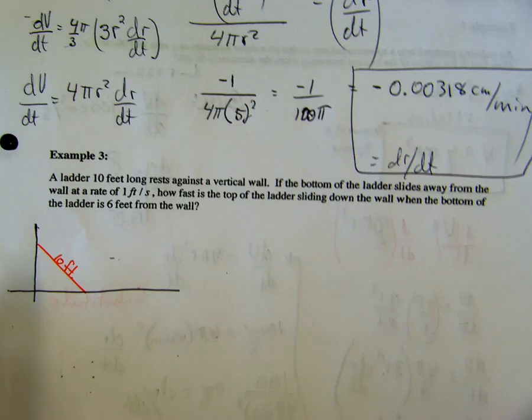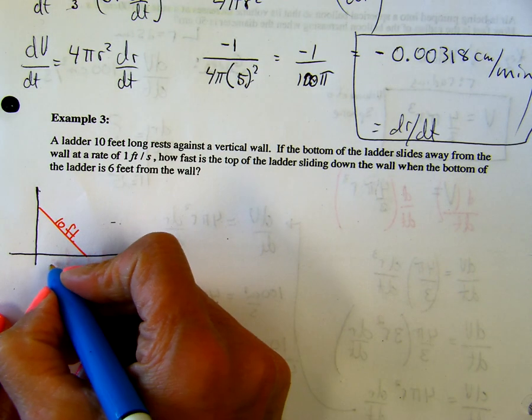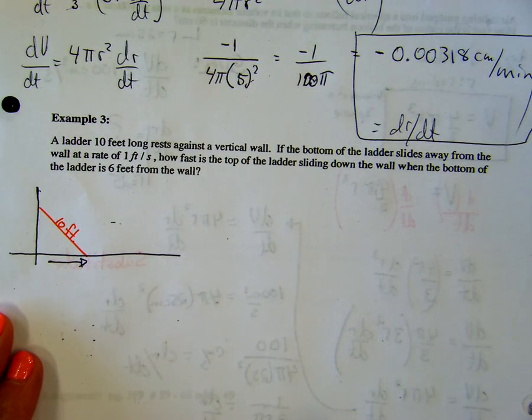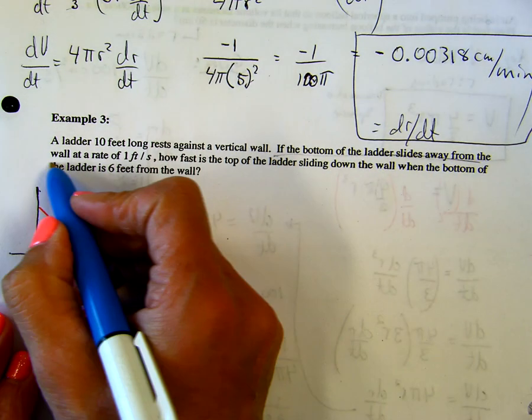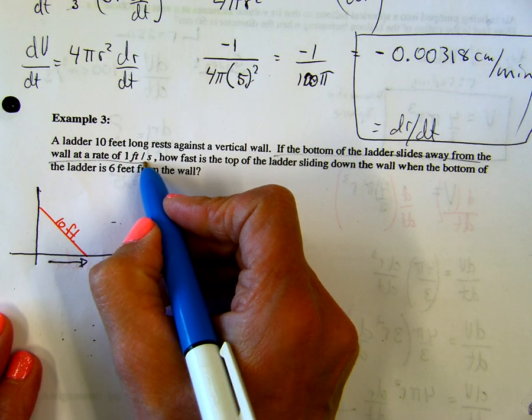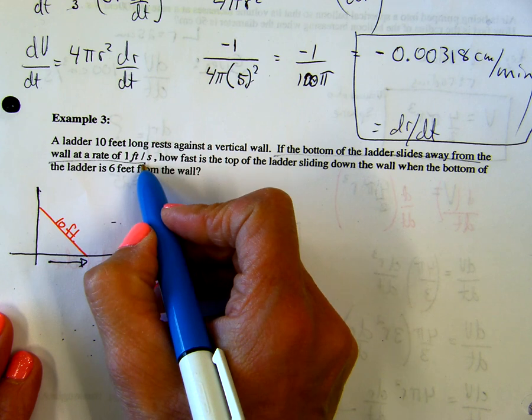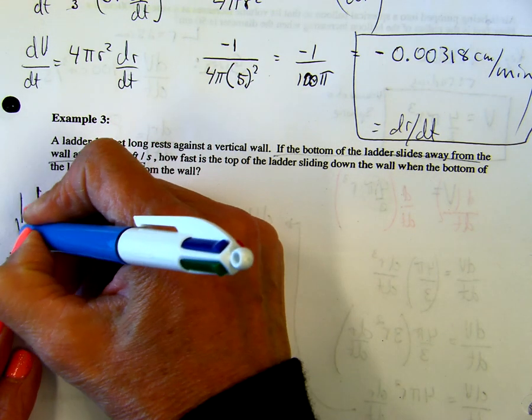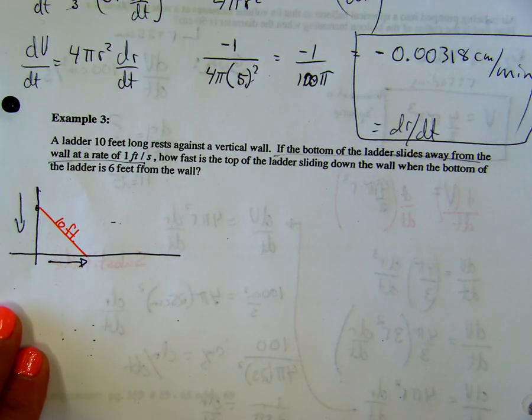So then what is happening is that the ladder is sliding away from the wall. The foot of the ladder, the bottom of the ladder slides away from the wall at a rate of 1 foot per second. And of course, if the ladder slides away from the wall, this top of the ladder is going to slide down the wall.